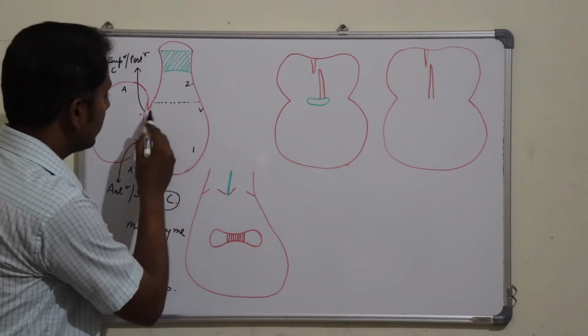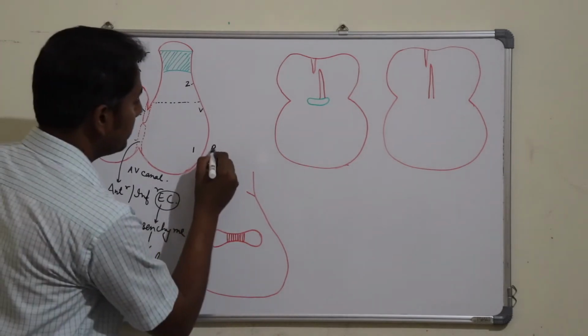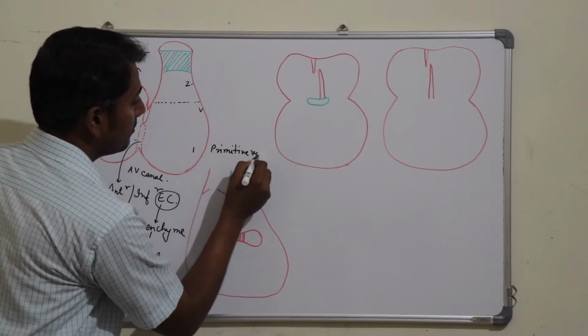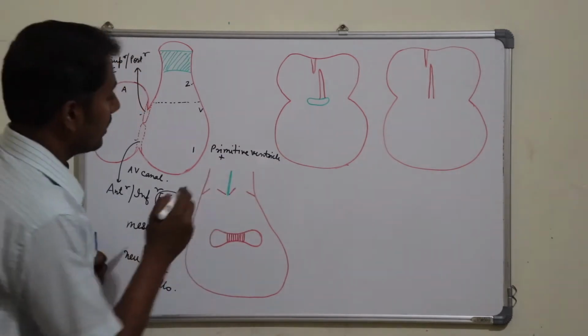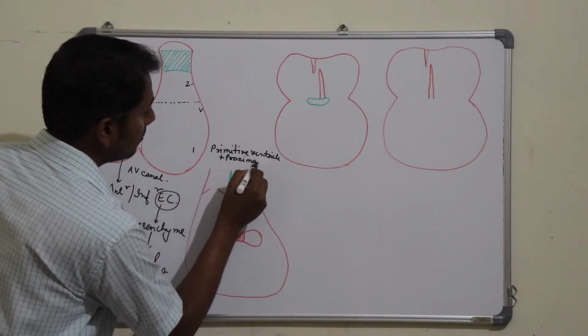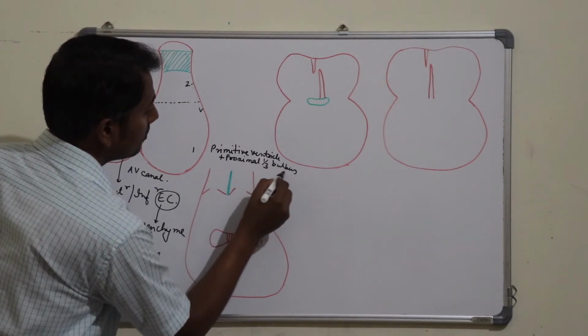The first part is basically derived from the primitive ventricle and the proximal 1/3 part of the bulbus cordis.